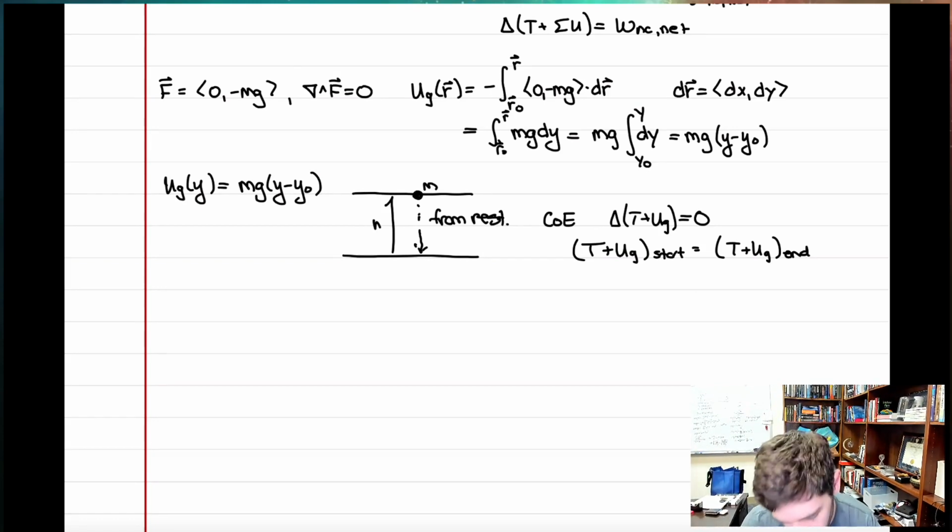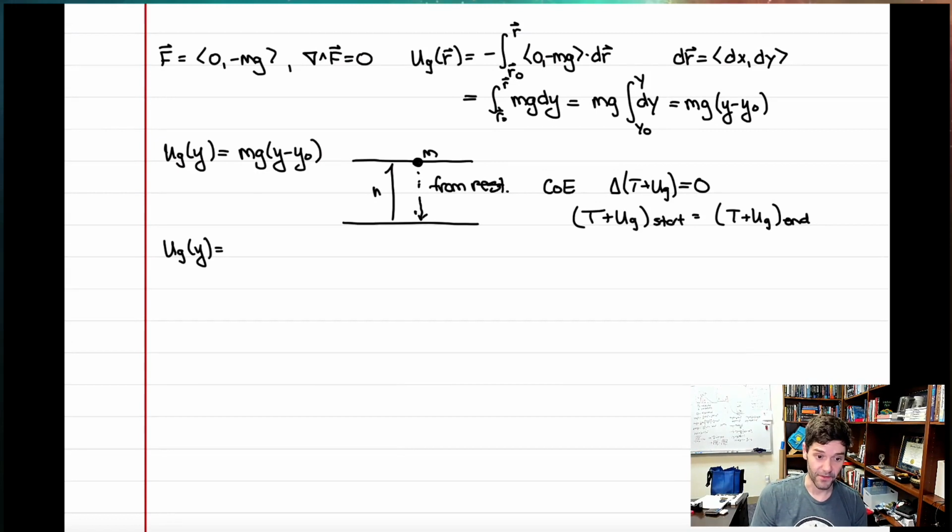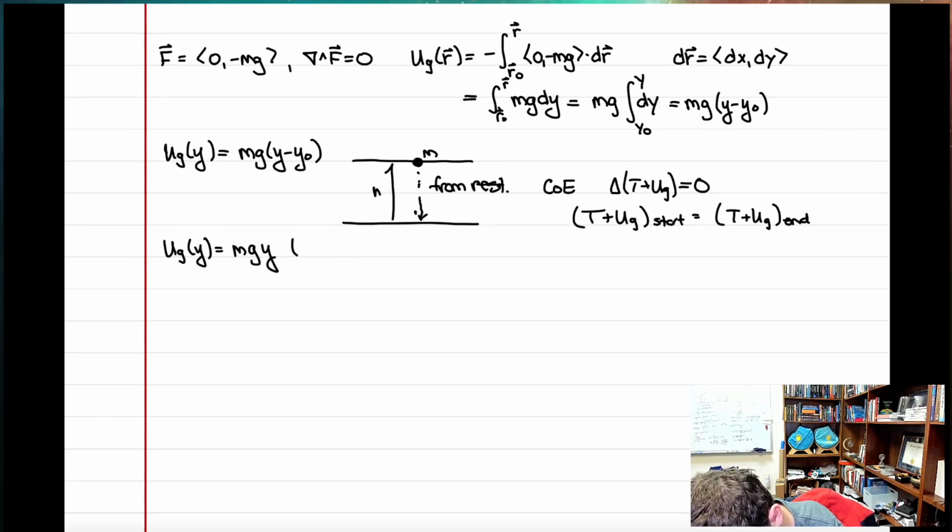So let's do that here. In order to know what U sub g is going to be, we need to make a choice about the reference point. So let me first assume that the reference point is at y equals 0. Notice that if I plug in y equals 0, the entire potential energy function is 0.